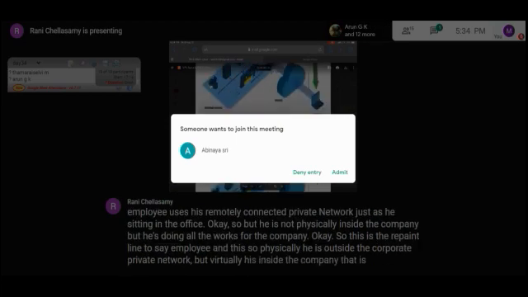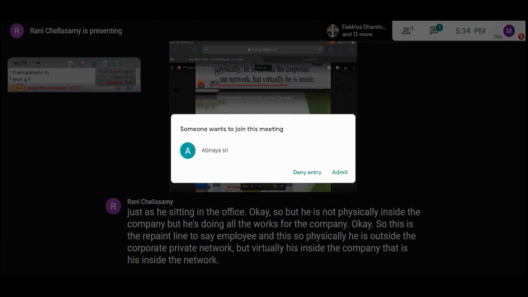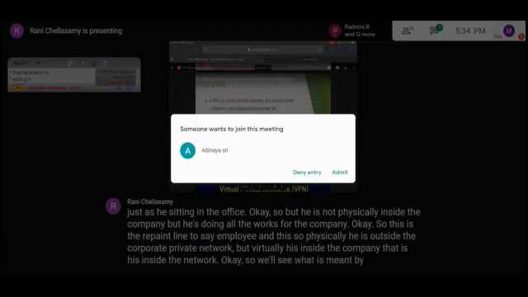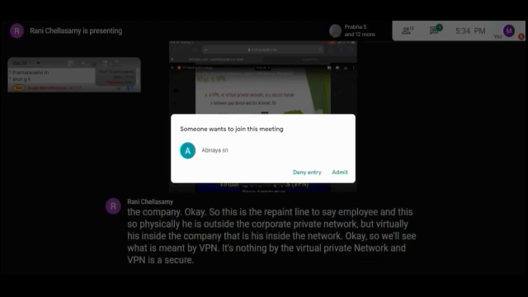That is, he is inside the network. So we'll see what is meant by VPN. It's nothing but the virtual private network, and VPN is a secure tunnel.